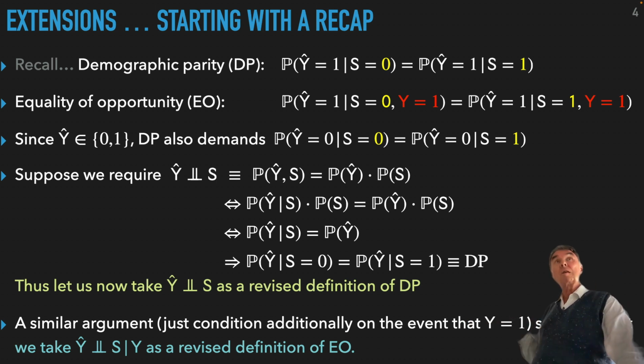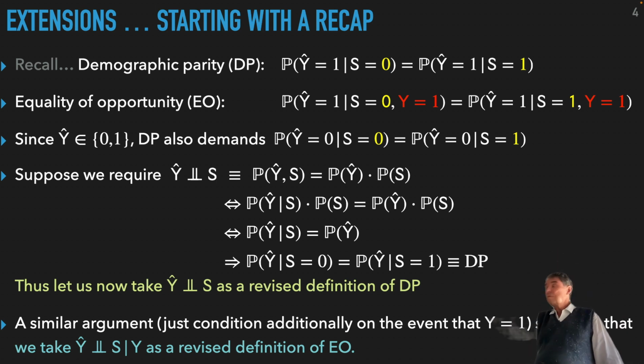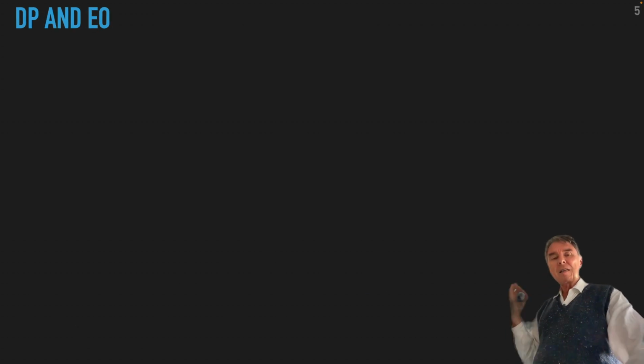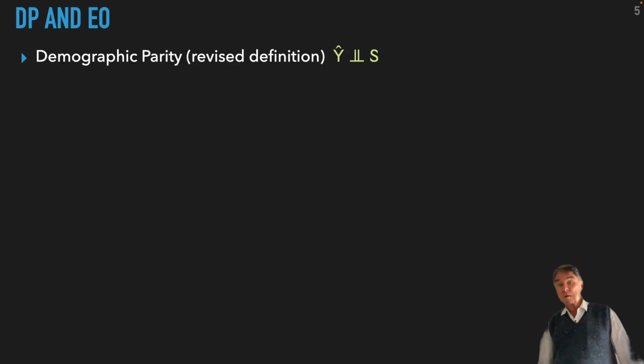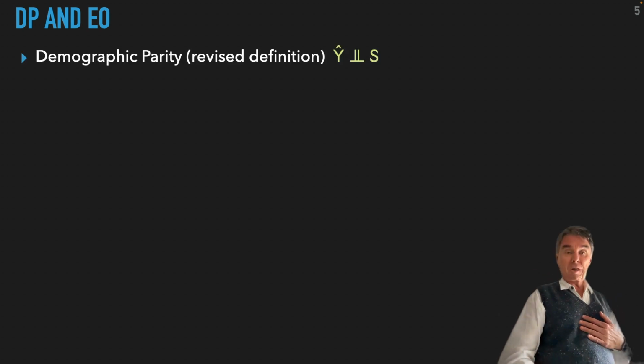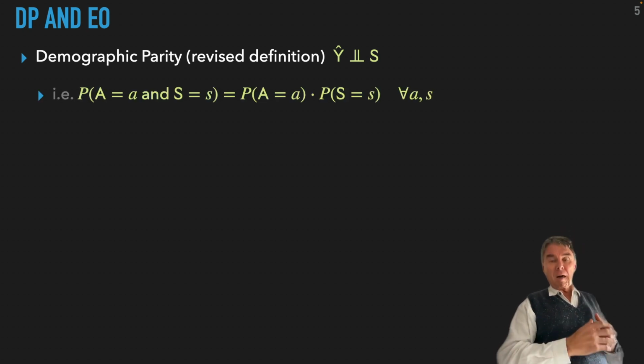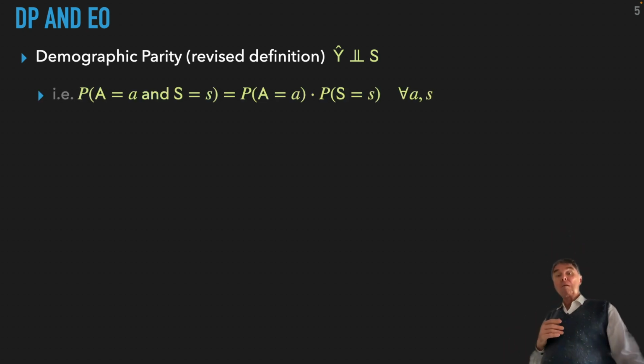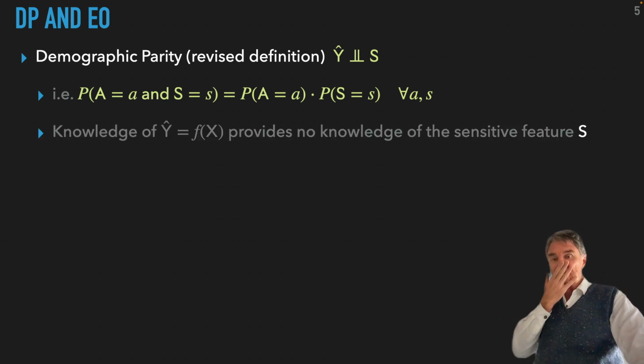Right? So this is nice. So now, rather than just having these big formulas to remember, you've got much simpler ones which are conceptually memorable. So this is our revised definition of demographic parity. And just reminding you what that means, it's just a standard definition in probability theory.